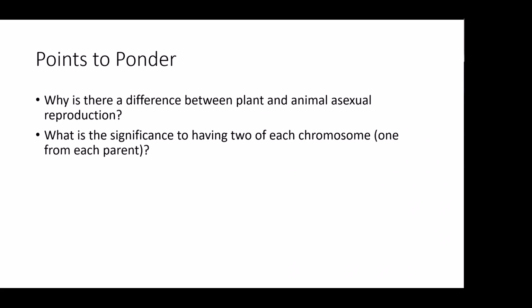So we've got some points to ponder. Why is there a difference between plant and animal asexual reproduction? Well, of course, you can't have a cleavage furrow. You can't furrow a plant cell, but you can an animal cell. And the significance of having two of each chromosome, one from each parent, is within the biological species, and when you were created, you were the output of a sexual reproductive process.